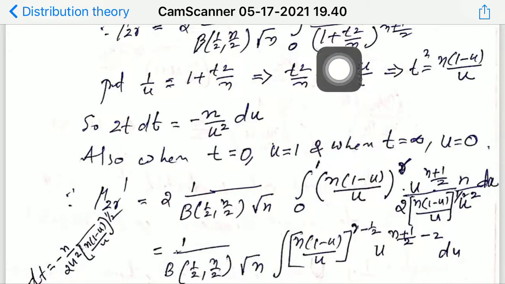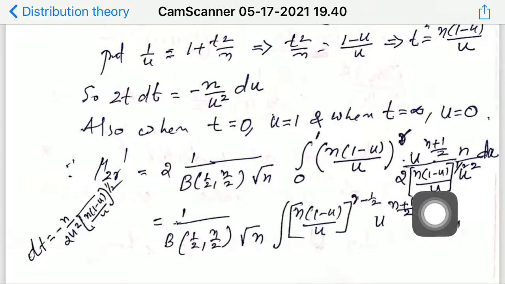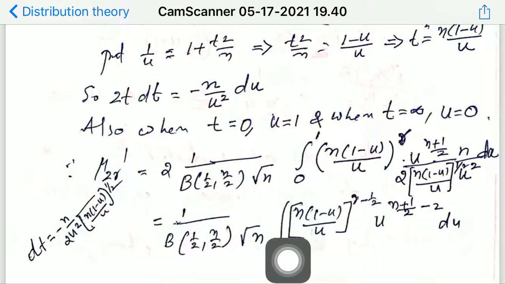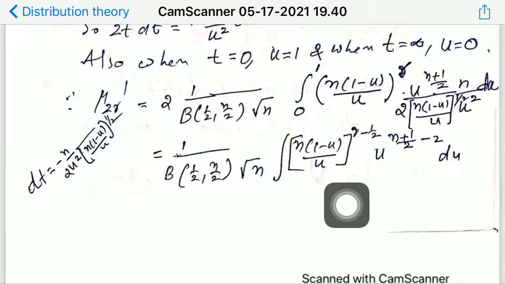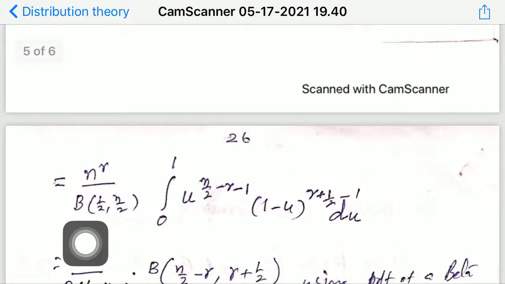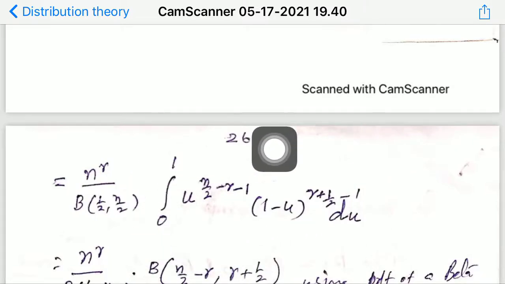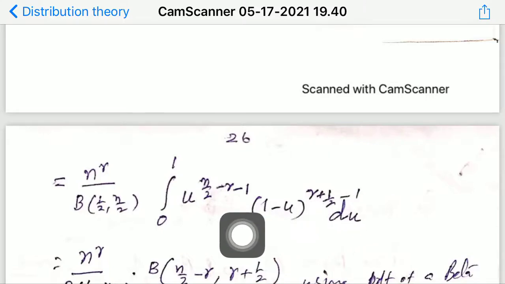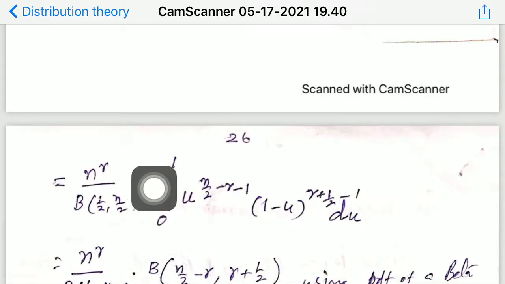Then you make the substitution here, and again you come to this, and you will see that dt is nothing but this quantity, and on integration with a little effort you will put in this final form, of which this is a beta function. This is a beta function of the first kind. Okay, and since this is the beta function of the first kind, what is the value of this?